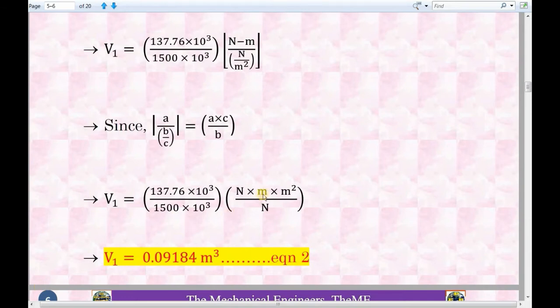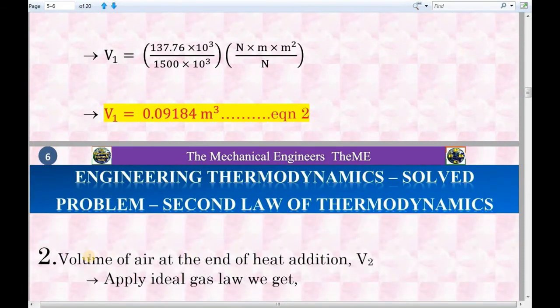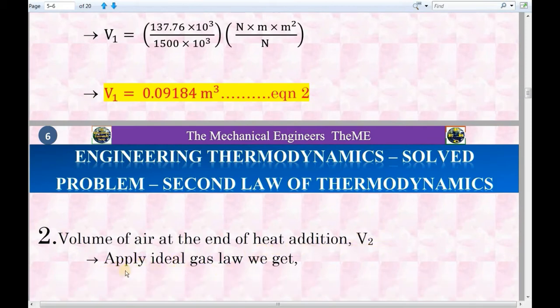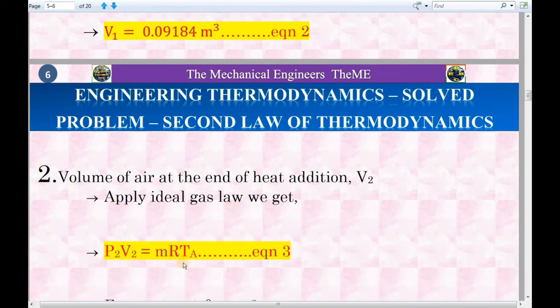Next we will find the value of volume of air at the end of heat addition, which is taken as V2. For finding the value of V2, we will use the formula of ideal gas law, and the formula is P2V2 is equal to mRT, and consider this one as equation 3.